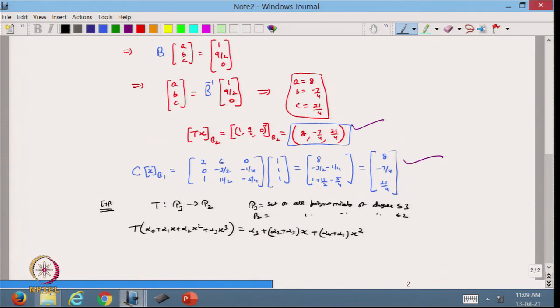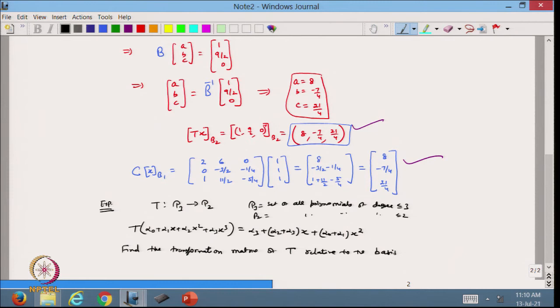Now, based on this one, the question is to find the transformation matrix of T relative to the basis.